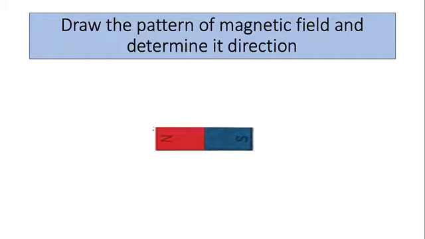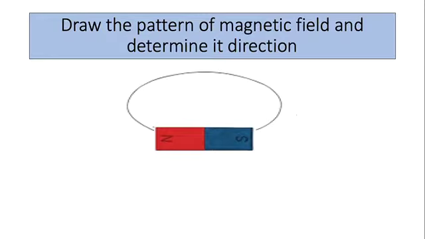Now, let's learn how to draw the pattern of the magnetic field and determine the direction. First, you draw a line from the north pole to the south pole. Remember, the magnetic field lines begin at the north pole and end at the south pole.